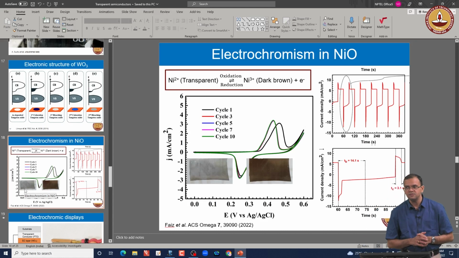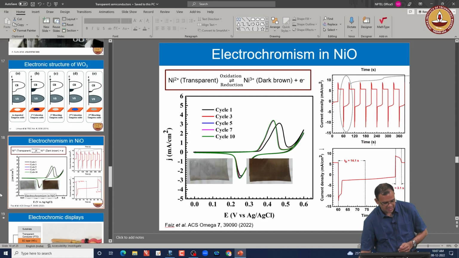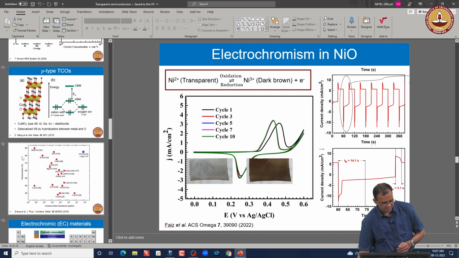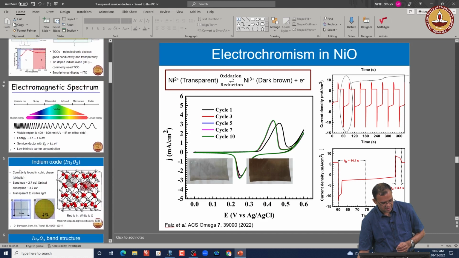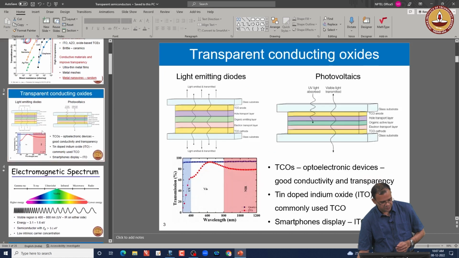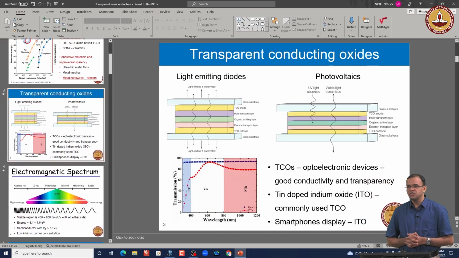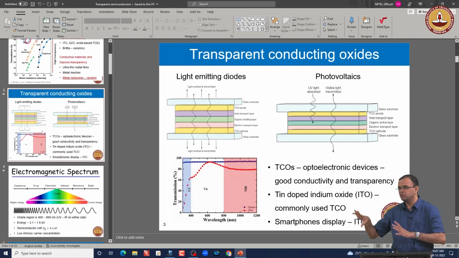In the ITO film transmission spectra, we see that there is a reduction in transmission in the UV region. What about sunlight? Won't it interfere? If you look at the solar spectrum, you are right. The solar spectrum goes all the way from UV to the visible and a small portion of IR.